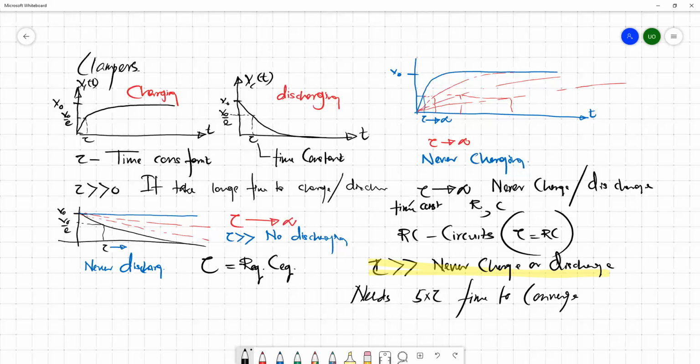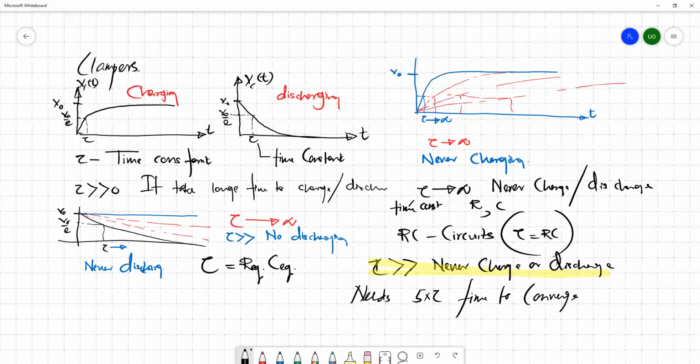To converge to V naught, it takes 5 times the time constant. Similarly, if the capacitor is already charged to V naught, it takes 5 tau seconds to discharge completely to 0.